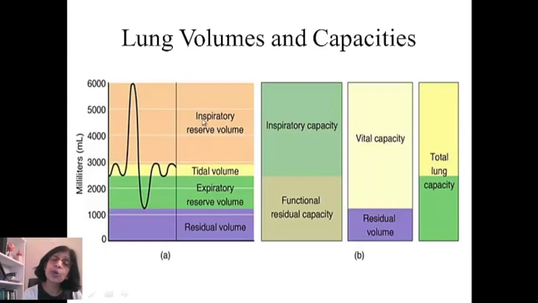And that's what you call as inspiratory reserve volume. Reserve is the hidden capacity of the lung to be able to hold more air than normal. Expiratory reserve volume, similarly, is where one can release maximum amount of air out.